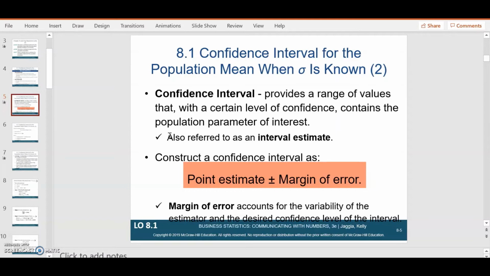When we are talking about a range of values, basically we will have two values, the minimum value and the maximum value.